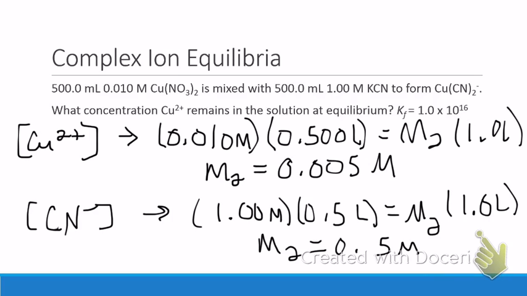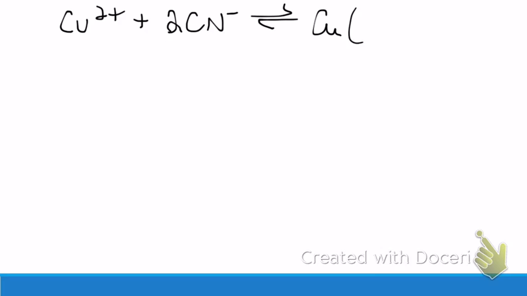So now we can take these initial concentrations and plug them into our equilibrium expression and use an ICE table to find how much copper 2+ is remaining. So of course we start with our reaction. Copper 2+ plus 2 cyanide ions yields our complex ion.